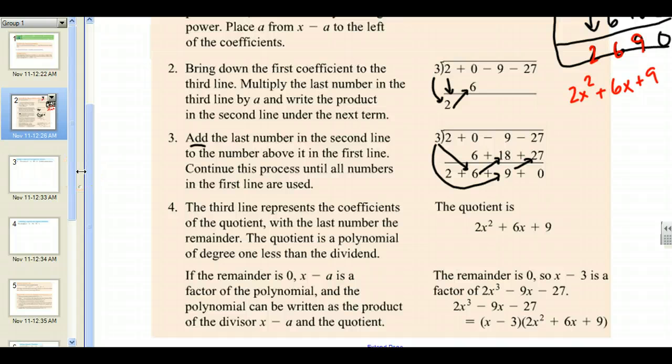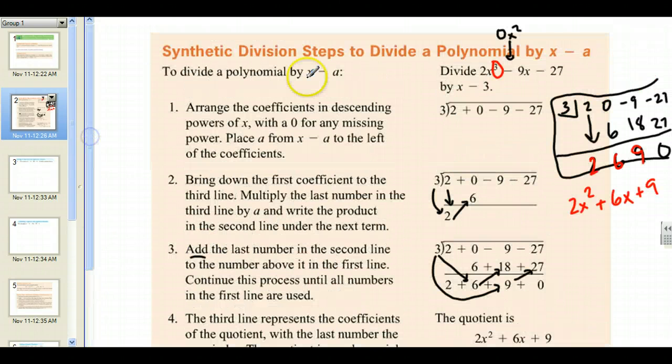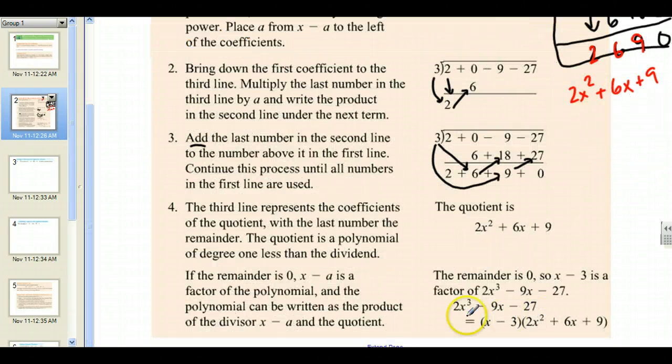Now, one of the things that's kind of weird about this process is we're used to the quotient going up here, especially when you write it this way, which is why I don't write it this way. But the quotient is down here when we're doing synthetic division. What this means is that x minus 3 is one factor of this thing, and our quotient 2x squared plus 6x plus 9 is another factor.